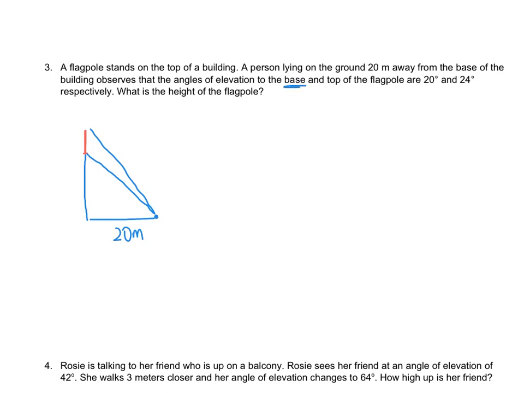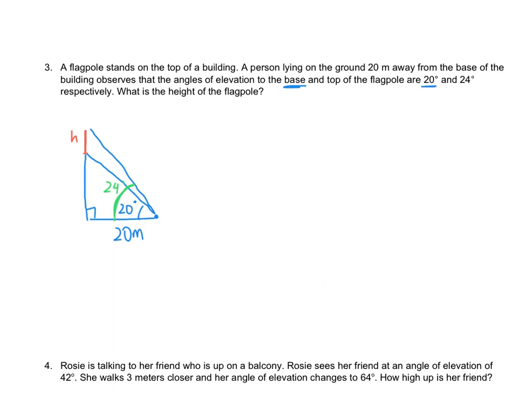So to the base, we have 20 degrees. So this smaller angle here is 20 degrees. And then this big angle, or slightly larger angle, is 24 degrees. So that will be from the ground all the way to looking up at the flagpole. And our goal is to solve for the height of the flagpole.